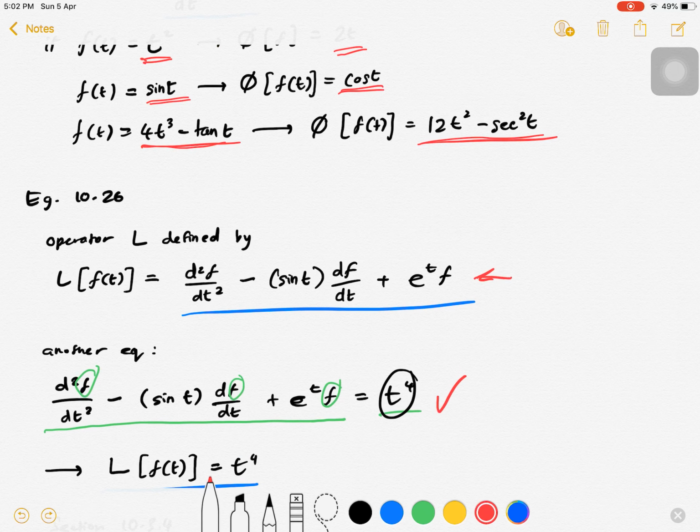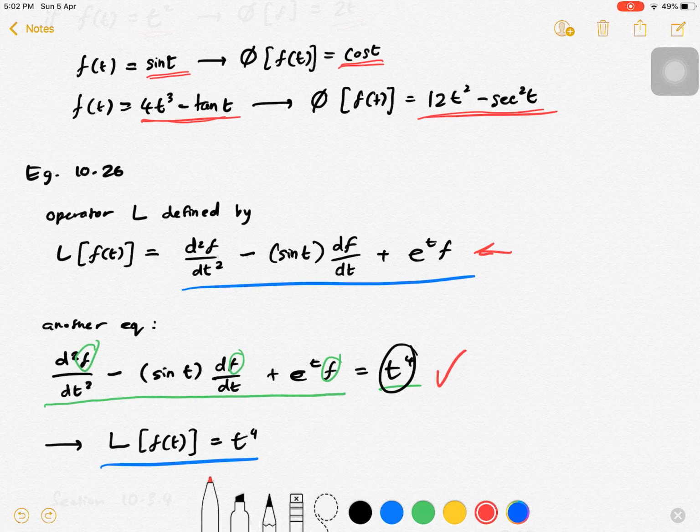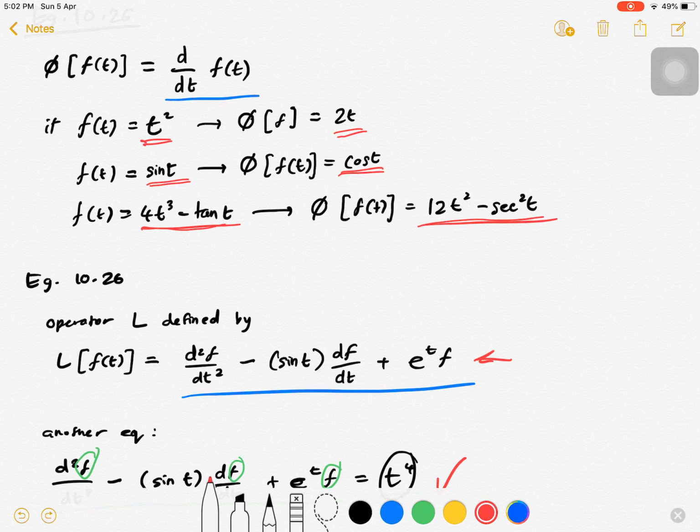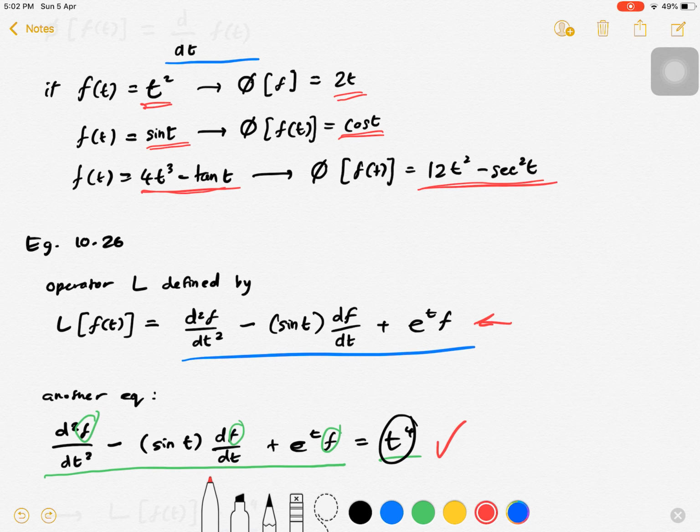Alright. So next we go to the next example, 10.26. So let's say operator L. Now we change the symbol. Instead of psi, we use L. So operator L has this kind of function.